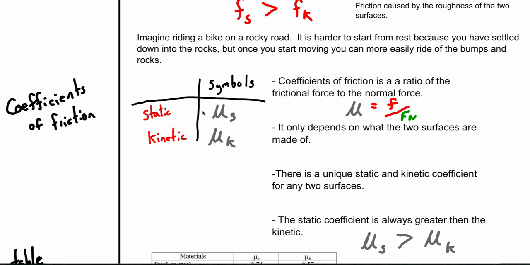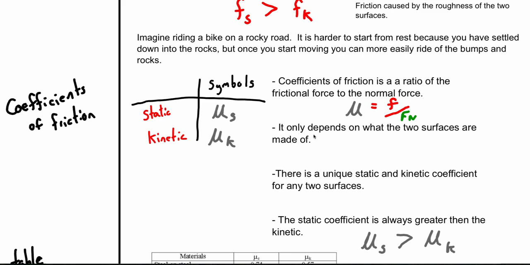The coefficient of friction symbol is the Greek letter mu. It looks like a u, but we'll say in class that this is mu. I have a mu sub s, a coefficient for my static frictional force, and a coefficient for my kinetic, so when I'm not moving and when I'm moving.